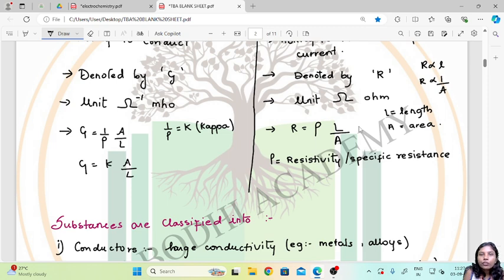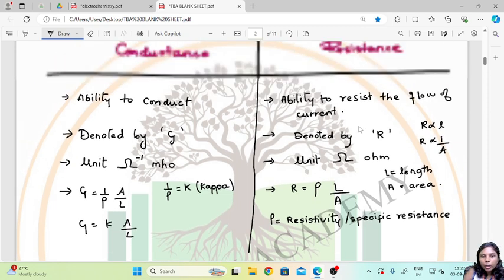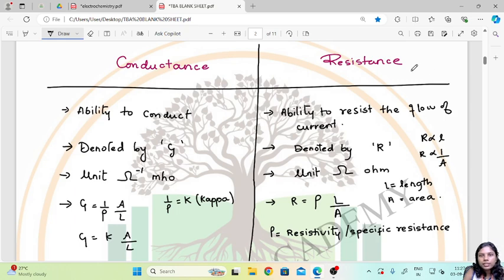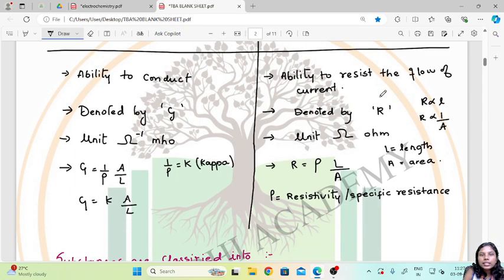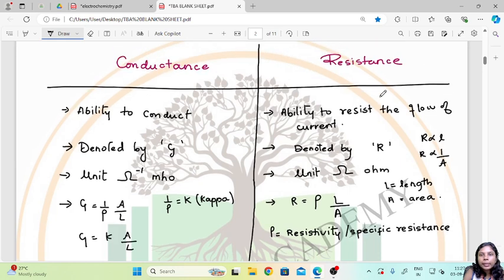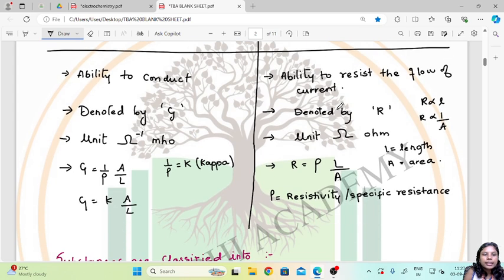Now, conductance is the opposite of resistance. It is the ability to conduct and is denoted by G. Its unit is ohm inverse, and it also has a unit called mho, M-H-O.